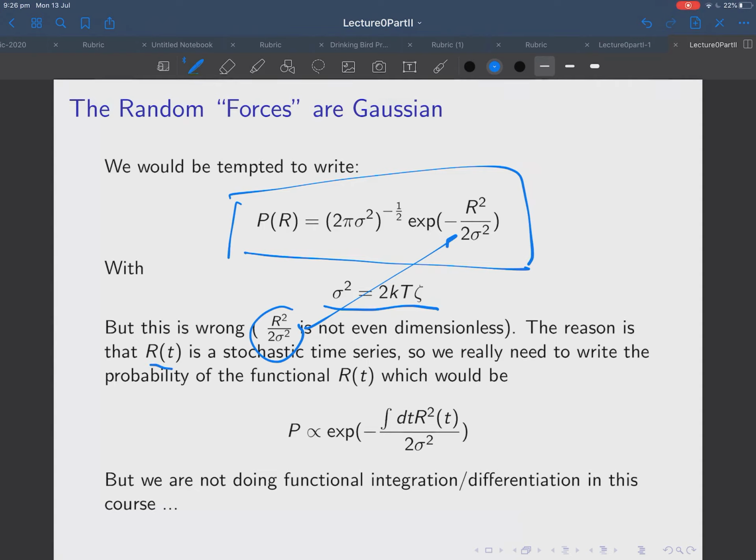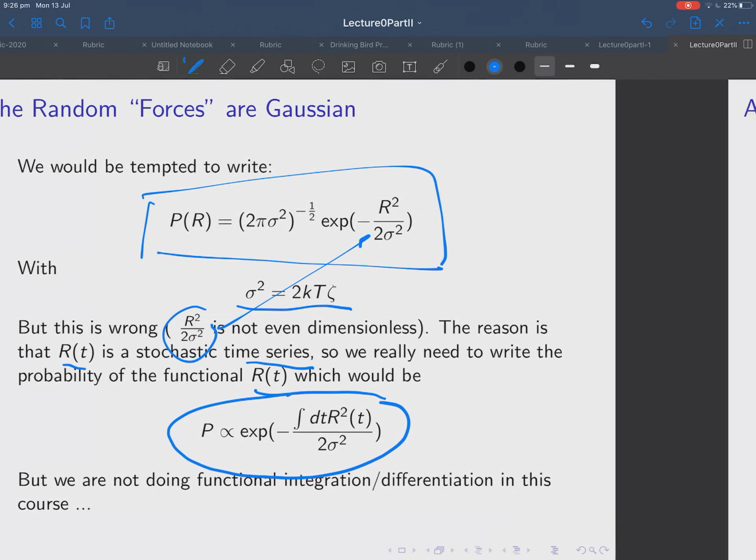And the reason why it's rubbish is that R of t is a stochastic time series. We would need really to write down the probability of the functional R of t, which would be something like that. And that involves doing functional integration, functional differentiation, and functional calculus. And we will do some of that later on, but not for some time in this course.